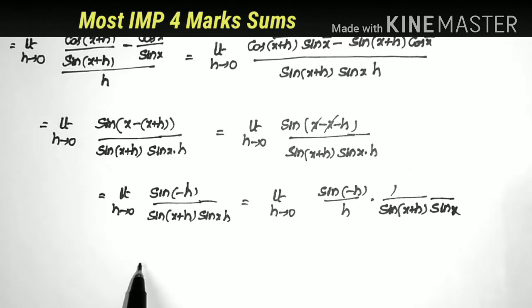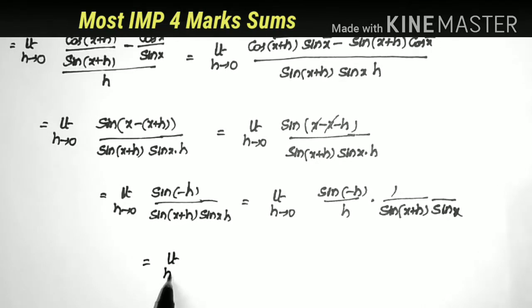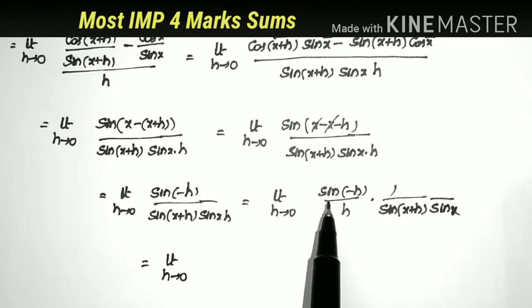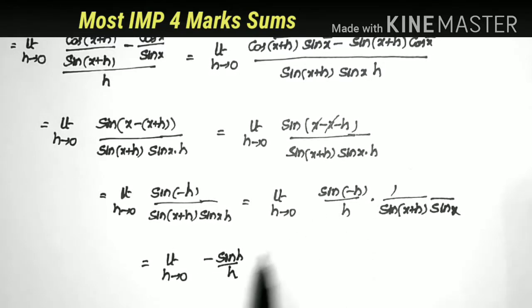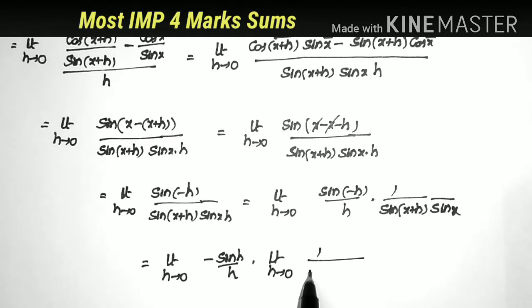And this is equal to limit h tends to 0. Sin of minus h by h is equal to minus sin h by h. Sin of minus theta is equal to minus sin theta. And separating the limit value, limit h tends to 0, 1 by sin x plus h into sin x.